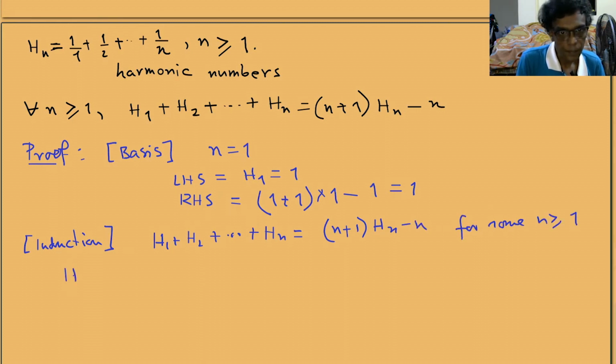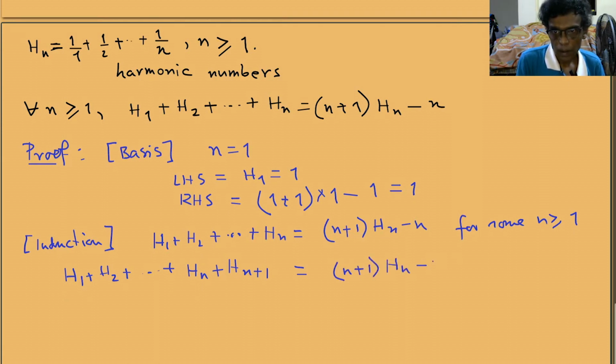Then H1 plus H2 plus ... plus Hn, just add another H(n+1). By induction, this sum is this quantity. So I have (n plus 1) Hn minus n plus H(n+1).